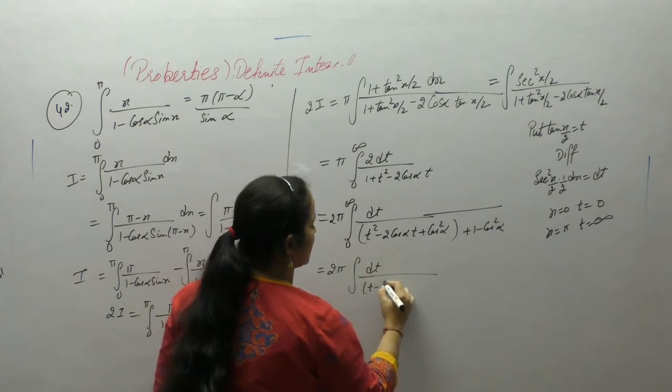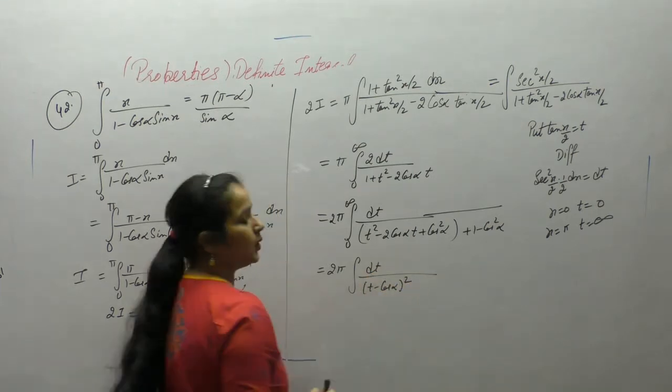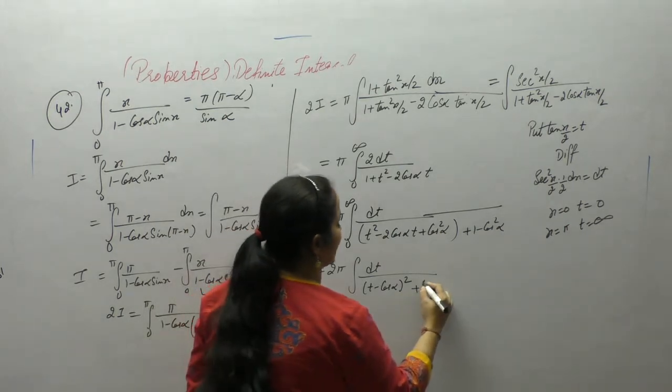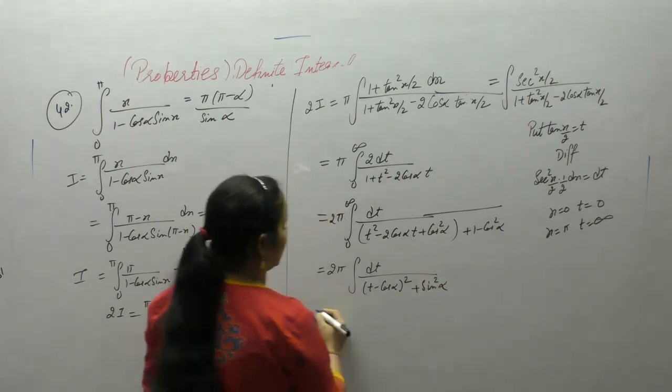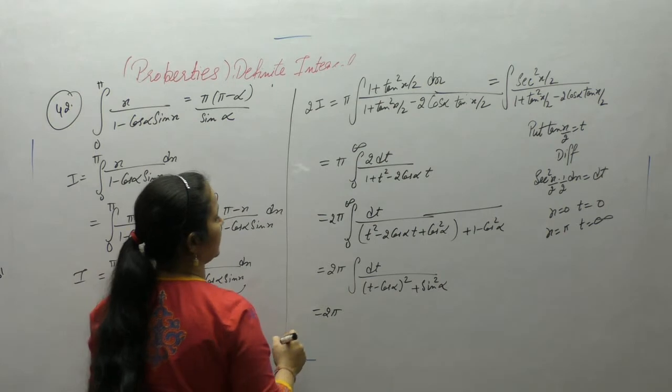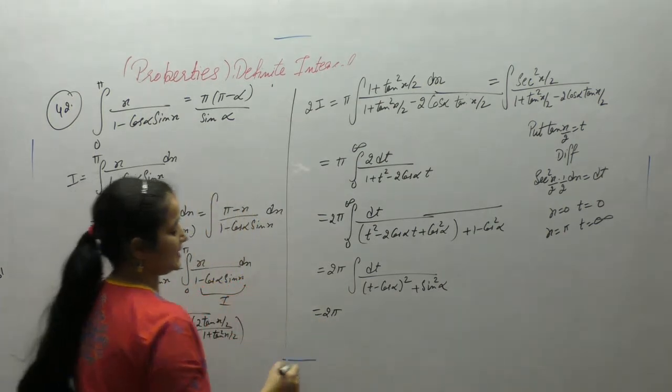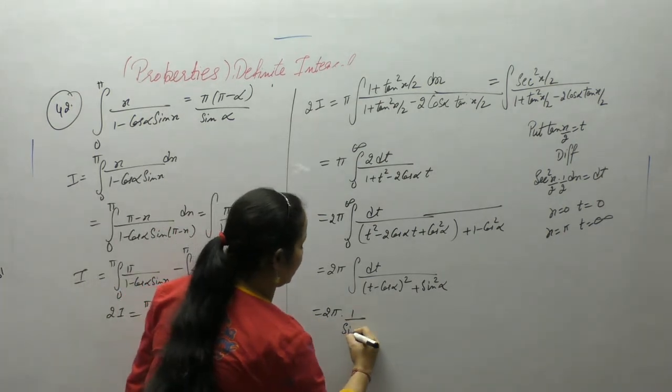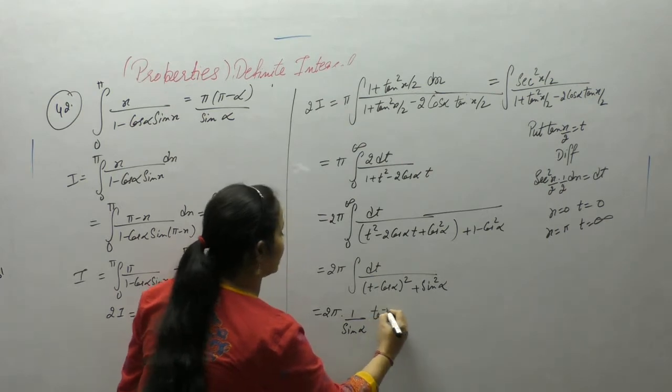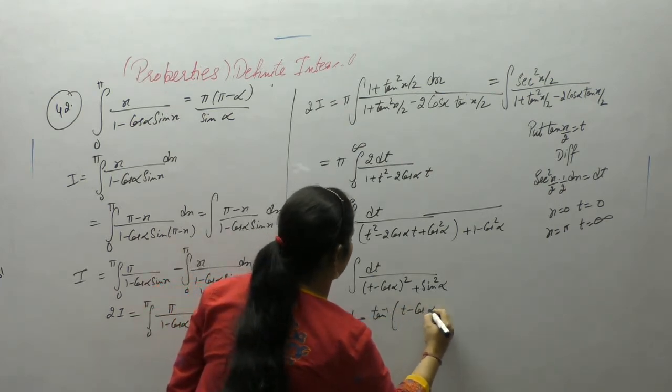We get t minus cos alpha whole square, and 1 minus cos square is sin square. Now the integral of 1 upon x square plus a square is 1 upon a tan inverse x upon a.